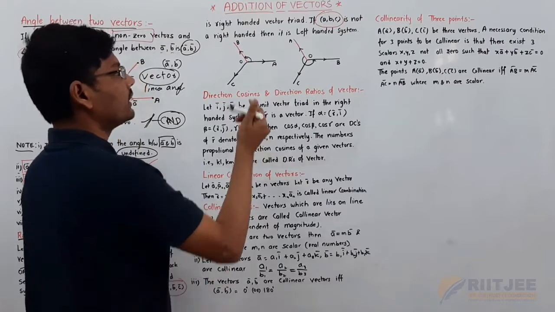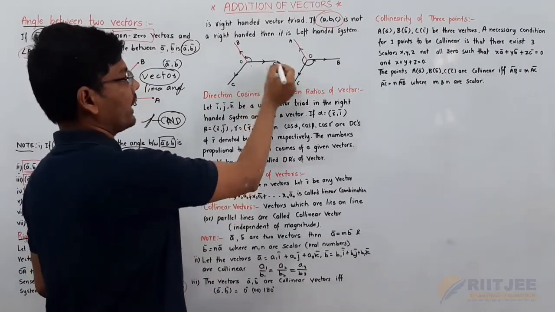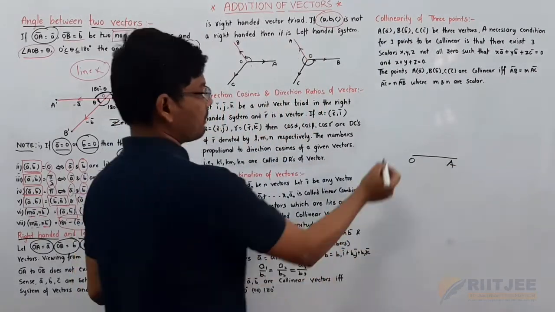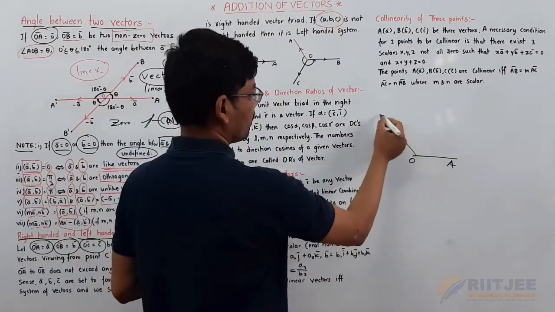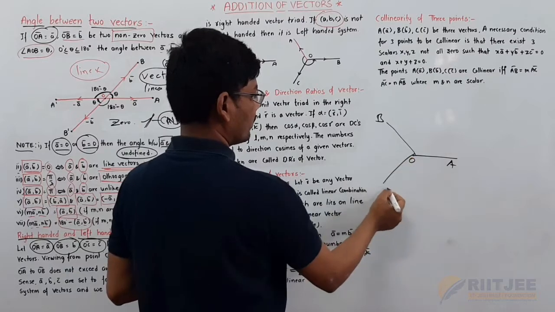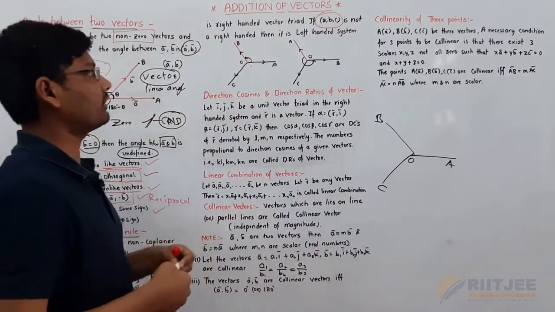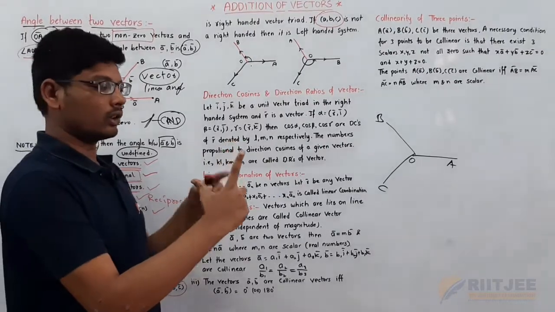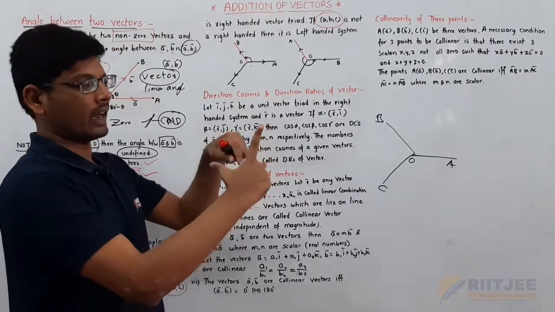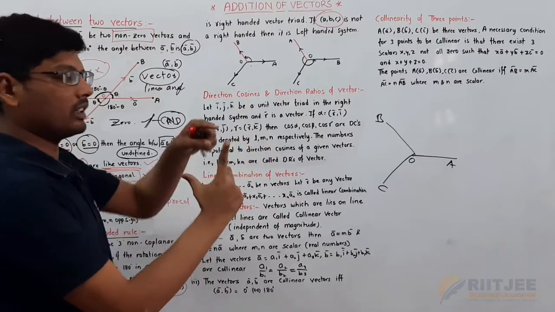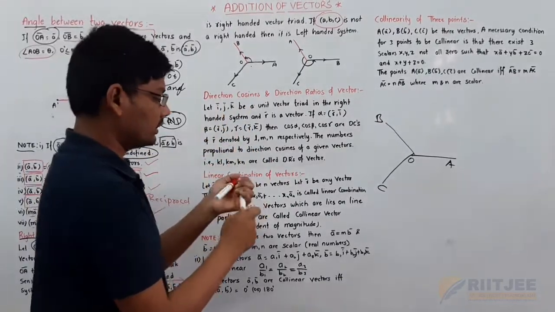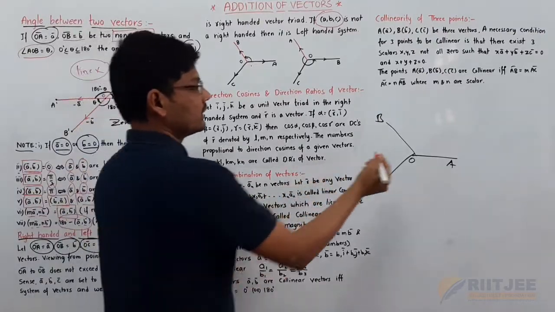So first of all, take the first figure. Here we have one vector OA, one more vector OB, and this is OC. This is the right-handed rule.